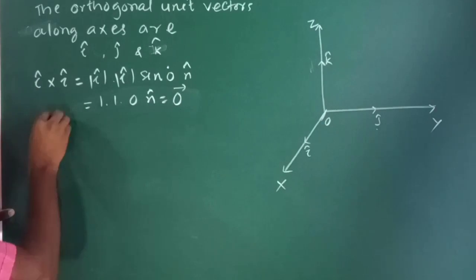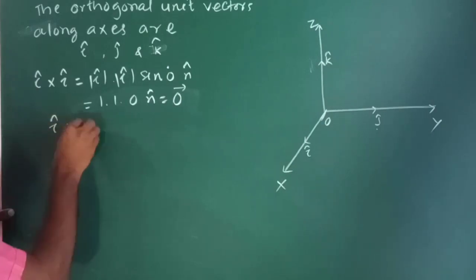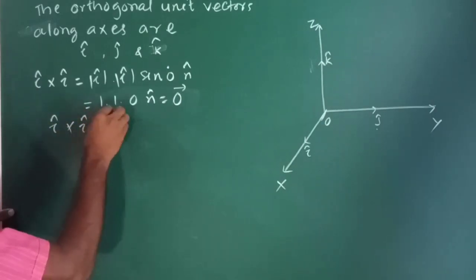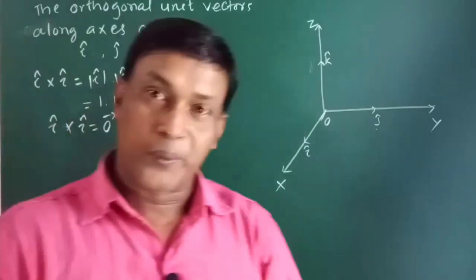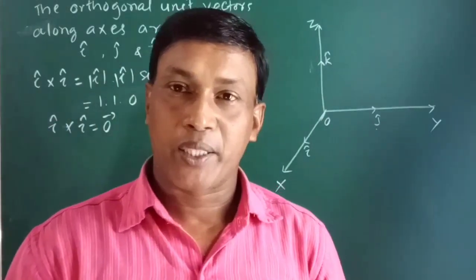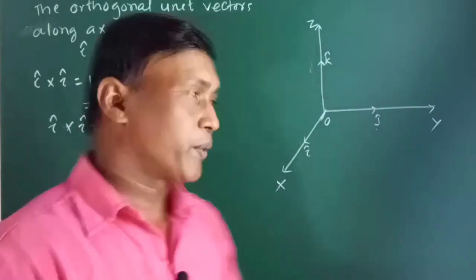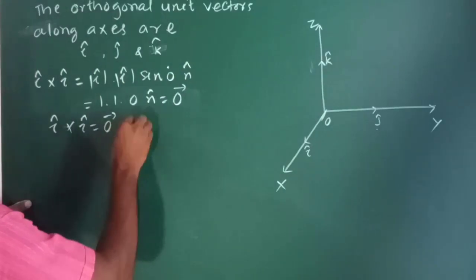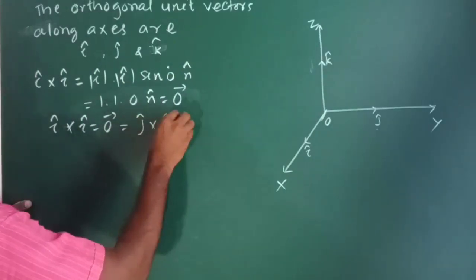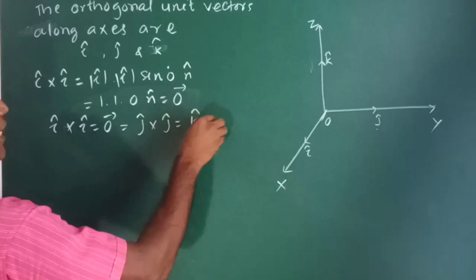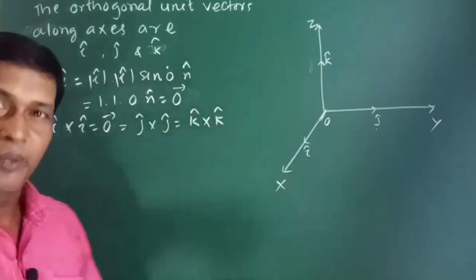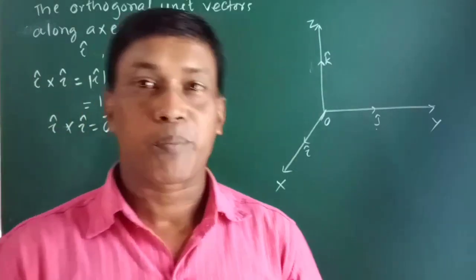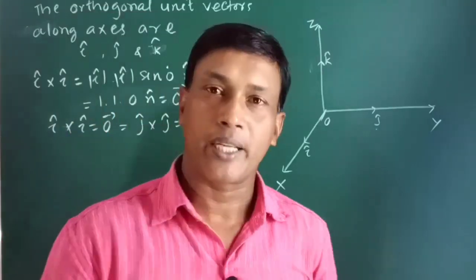So we find i cap cross i cap is 0 vector. Similarly, we know the cross product of a vector with itself is 0 vector. So i cross i is 0 vector, j cross j is 0 vector, and k cross k is also 0 vector. This is the cross product of similar orthogonal unity vectors.